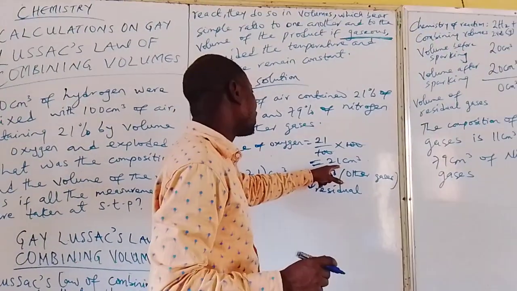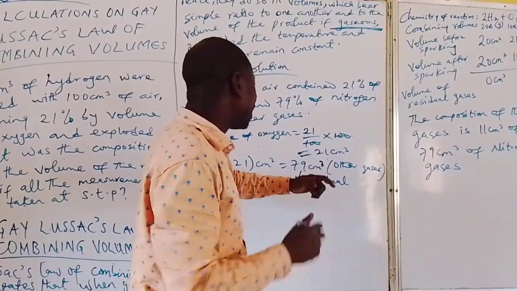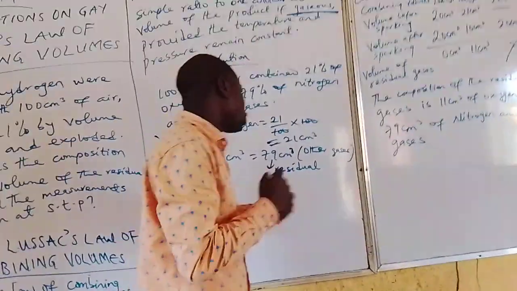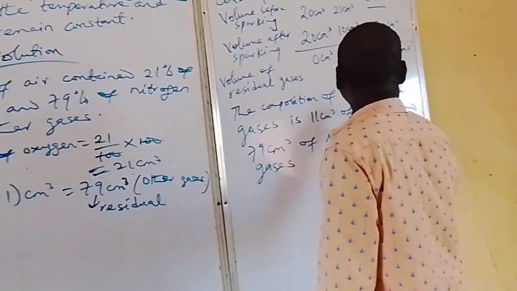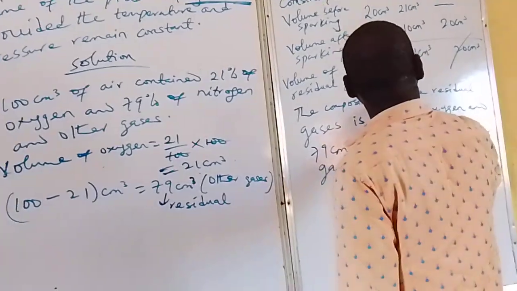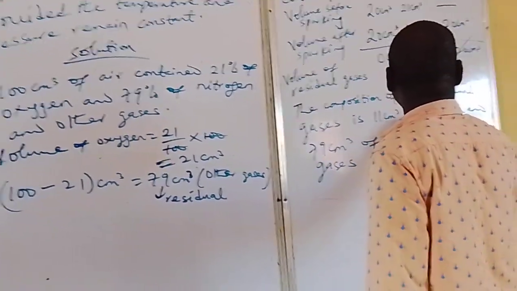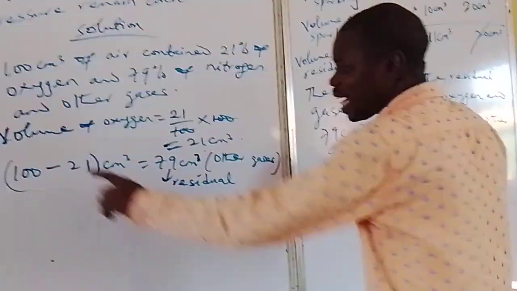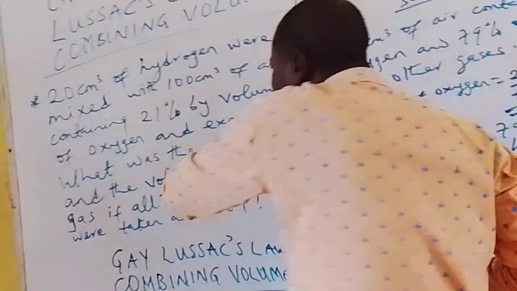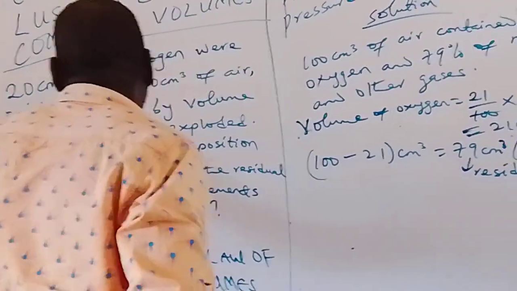Since we extracted oxygen out, the remaining is treated as residual. So the composition of the residual gases is 11 cm³ of oxygen and 79 cm³ of nitrogen and other gases. That answers the first part, because the question requested composition and volume.